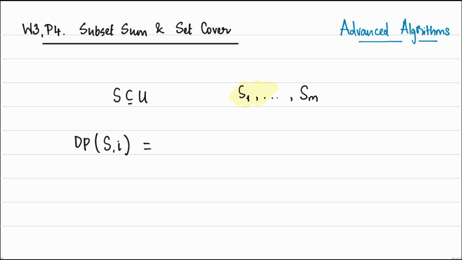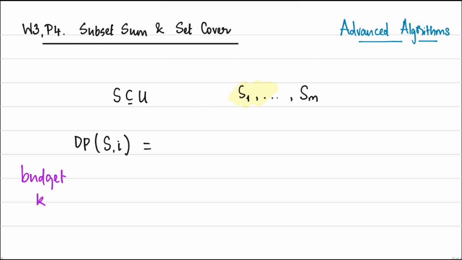And remember, we had a budget k for the overall size of the solution. And when I'm building this DP table, I could keep the budget at the back of my mind. But what I'm going to do is just find the size of the smallest subfamily that can cover the universe that I'm currently interested in.